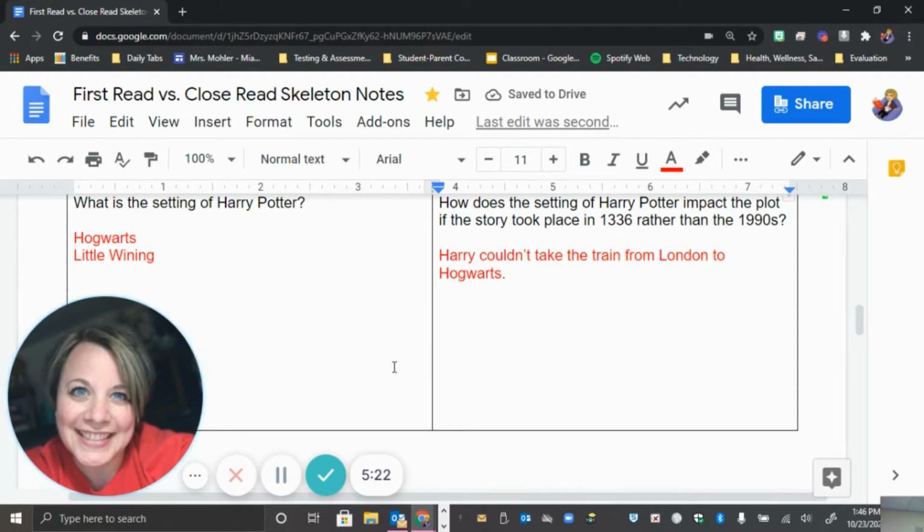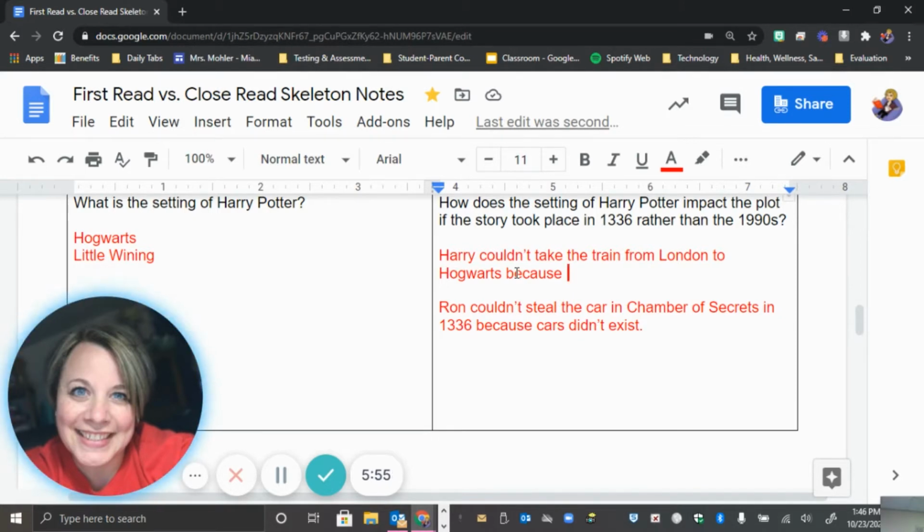In the second Harry Potter, could Ron steal the car? No. So Ron wouldn't have a car to steal. There you go. So Harry couldn't take the train from London to Hogwarts because a train didn't exist in 1336.